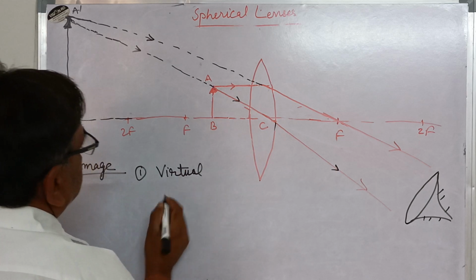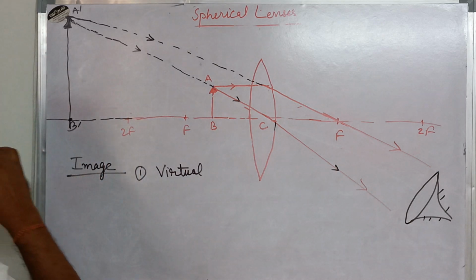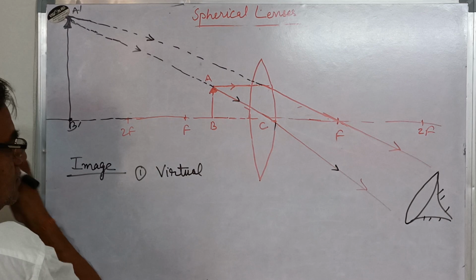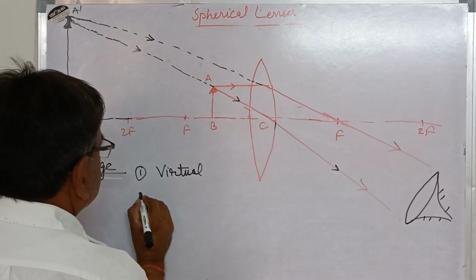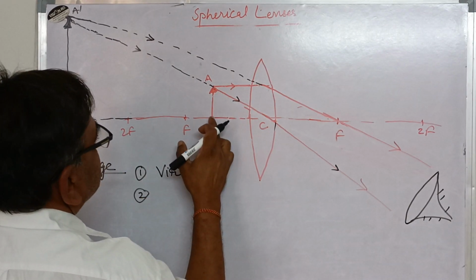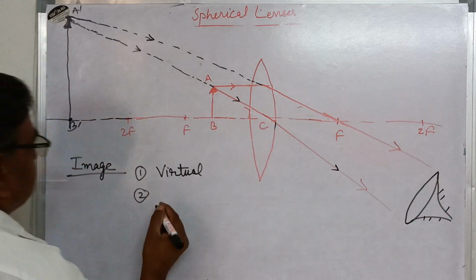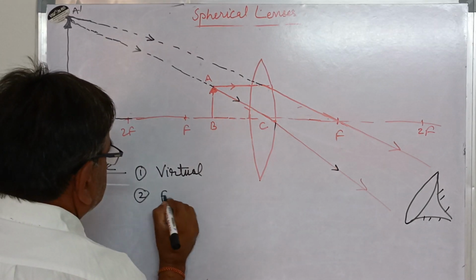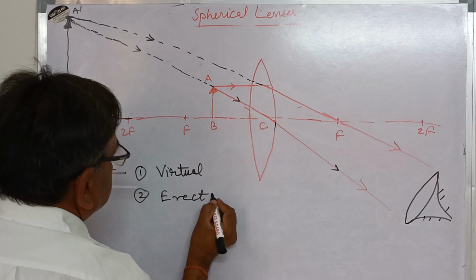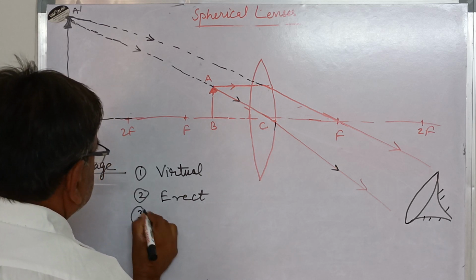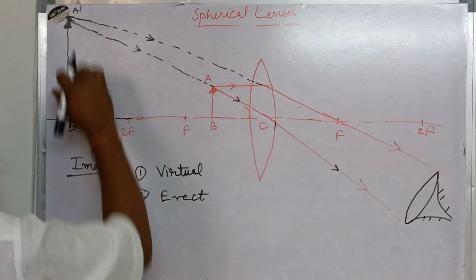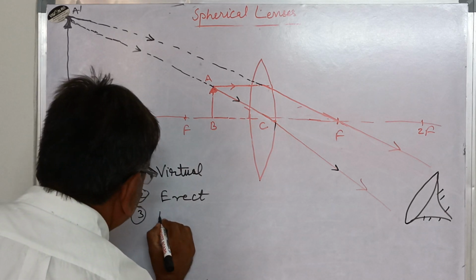Why virtual? The rays don't actually cut each other. They seem to be cutting each other. The image is virtual. Number two, object is in reduction, image is also erect. So it is erect. सीधी है. Number 3, it is big inside as compared to object, so magnified.